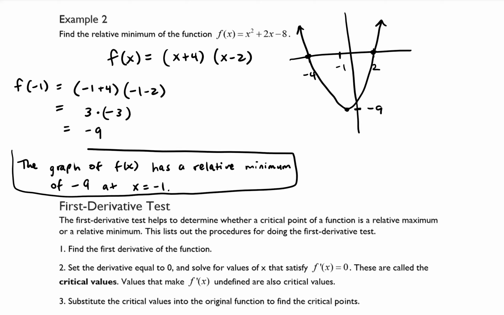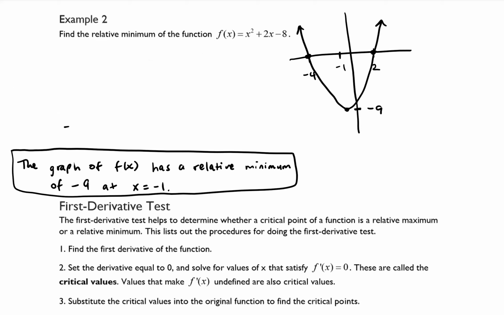However, this is calculus, and it turns out we can actually use a derivative to figure out that value. And I think using the derivative is a little bit less work. So I'm going to go ahead and erase this. If we take the first derivative of this function using the power rule, we'd get that it's 2x plus 2.